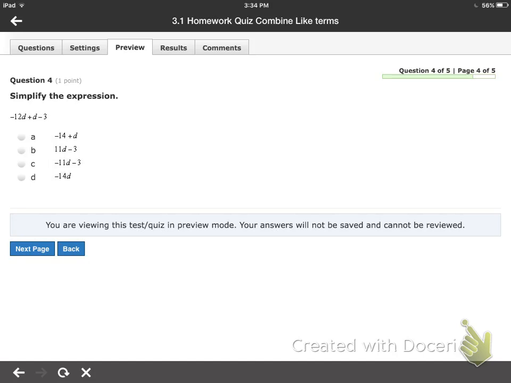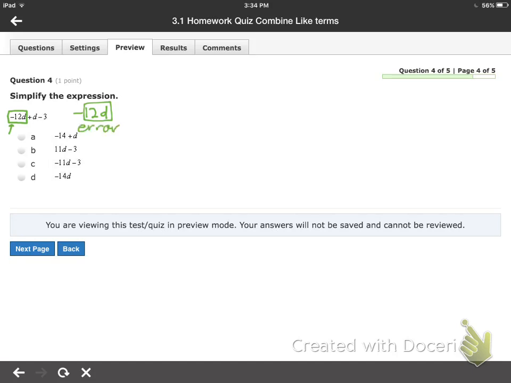Okay, question number 4. Again, you just need to identify the terms. You've got 3 terms here, and don't forget that this term right here needs to include the negative. That's part of it. If I consider this as a positive 12d, that's a mistake. That's an error.